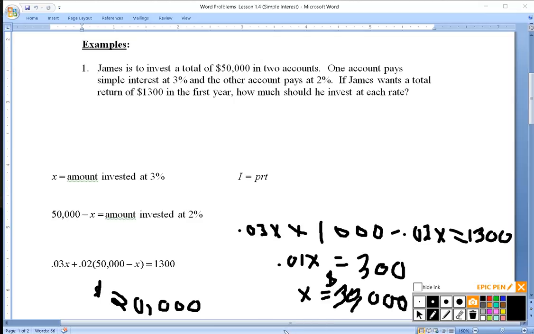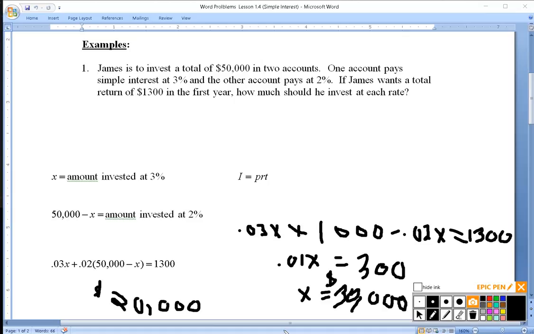So I would conclude then that the amount invested at 3% would be 30,000, and the amount invested at 2% would be 20,000.